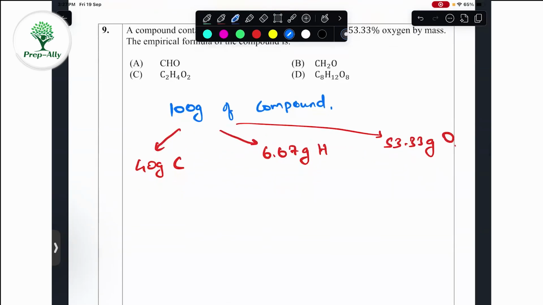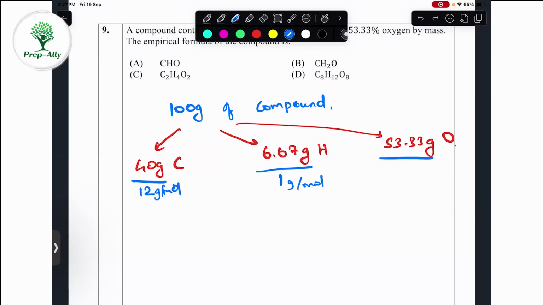Now they are in mass. I need the count. How many of them? Let's talk about carbon. If I divide it by its molar mass, I can find the mole of carbon. How many carbons are there, right? So hydrogen is 1 gram per mole, and this is oxygen, right?